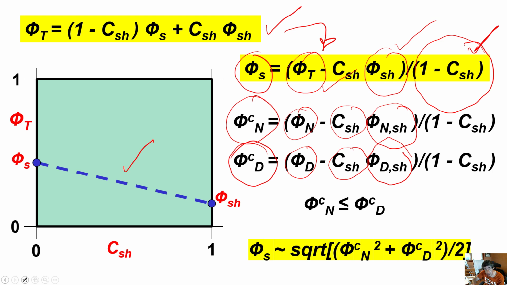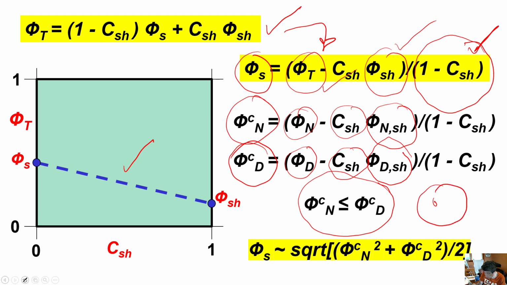Before you make this correction, the neutron log will be almost invariably larger, giving you a larger apparent porosity than the density log. But when you make this correction, suddenly the corrected neutron log will be less than or equal to the density porosity log.